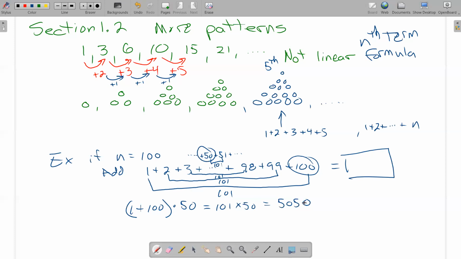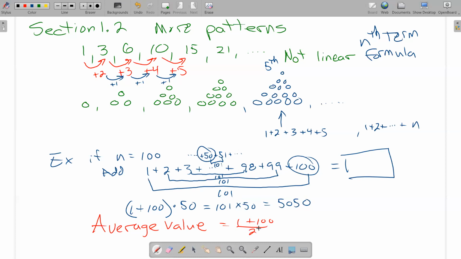Another way to think about that, when we pair things up like that, is to think about averaging. The average value in this list would be the first term plus the last term divided by 2.